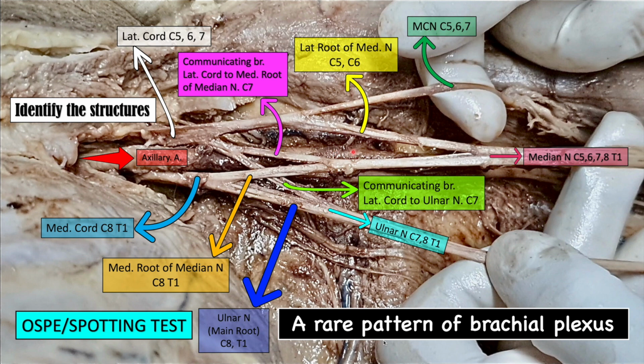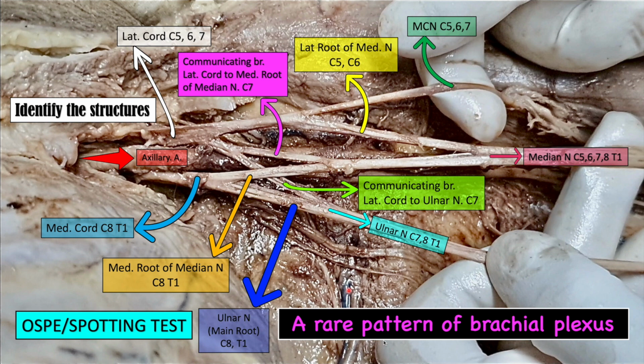So out of so many labelings, can you point out one point which is anomalous here, which is rare? Actually, all the things are very common, but the one thing which is rare here is the pink color thing.